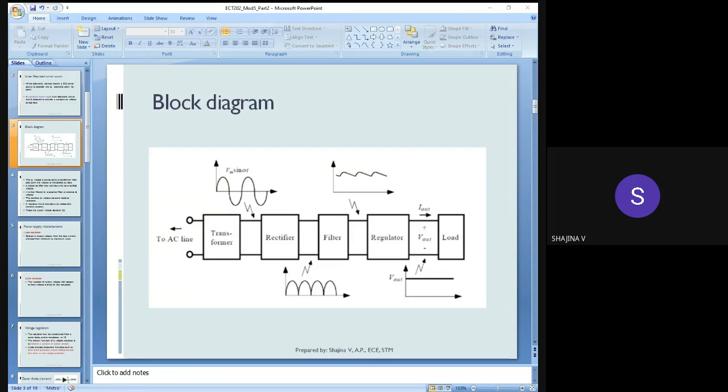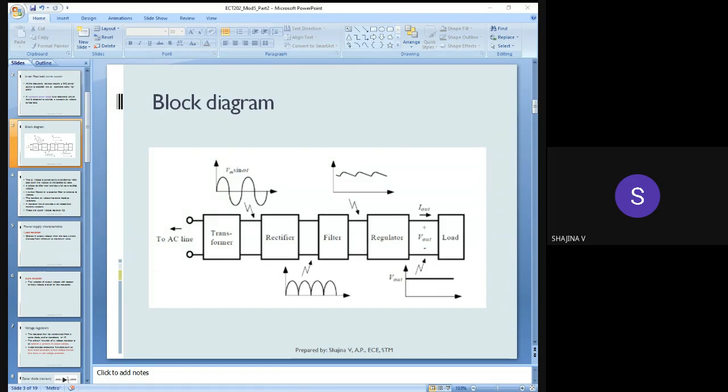Does anyone remember? It is a diode. Which diode? Not the normal PN junction diode. A special type of diode called the Zener diode. Correct. So our main element in the voltage regulator circuit is the Zener diode. Let us see that.